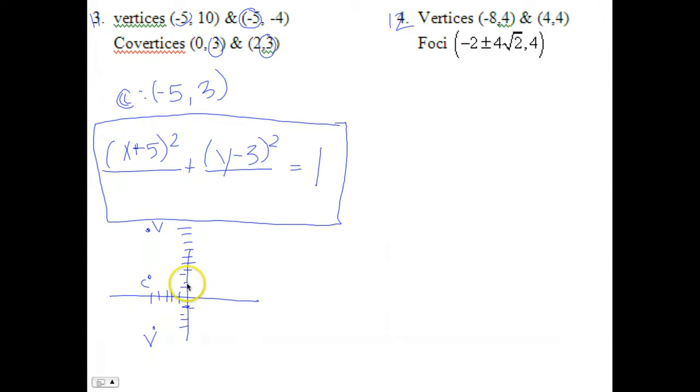And the co-vertices we have 0, 3. And then we have 2, 3, and there's a typo on this. I realize something's wrong. All right, so on your sheet you'll notice you have negative 10, 3. That makes way more sense. 5, 6, 7, 8, 9, 10.